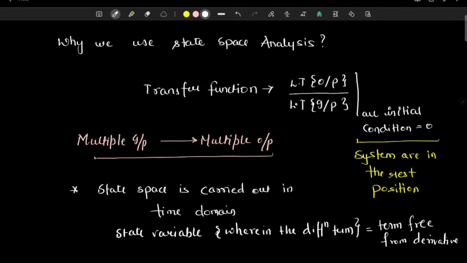So like this we represent the state space equation.